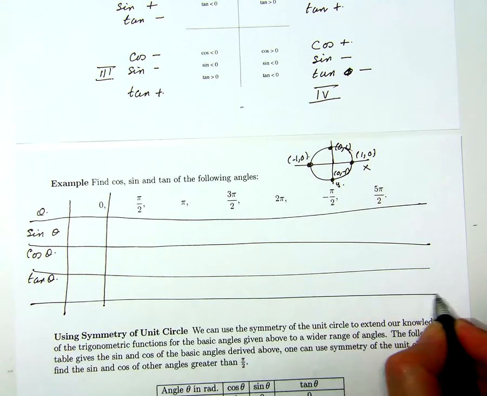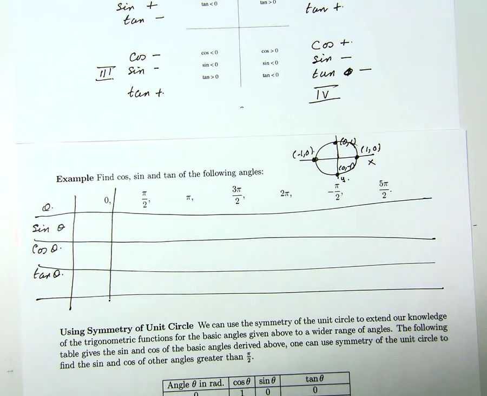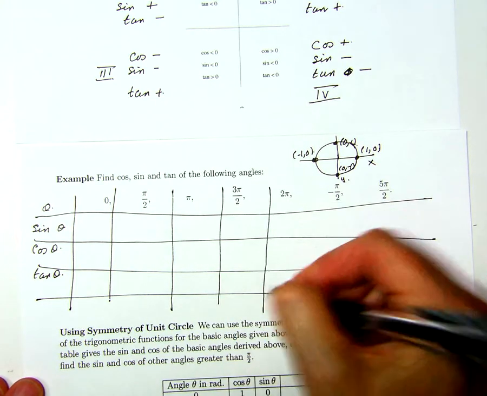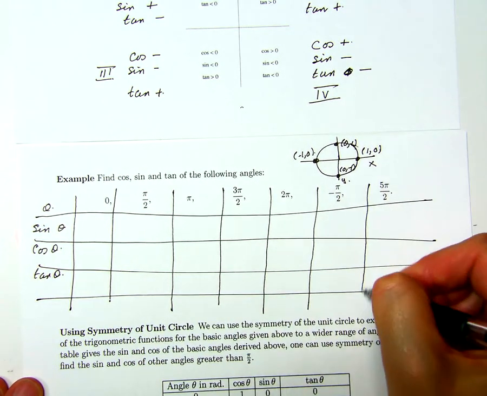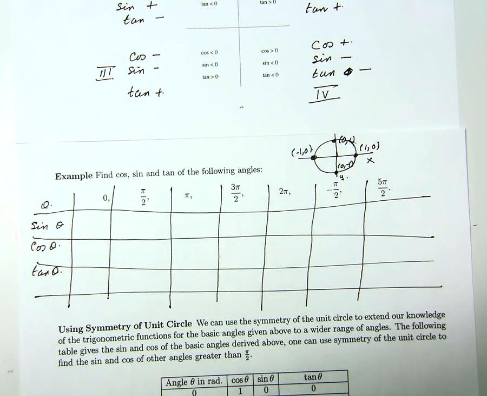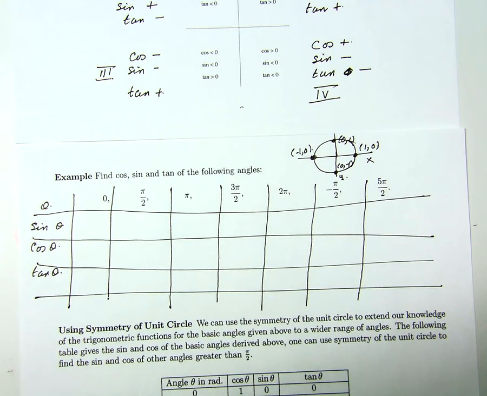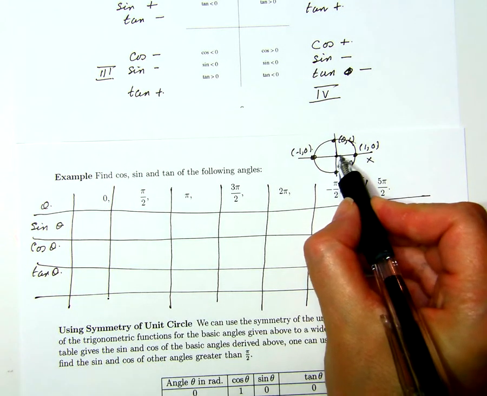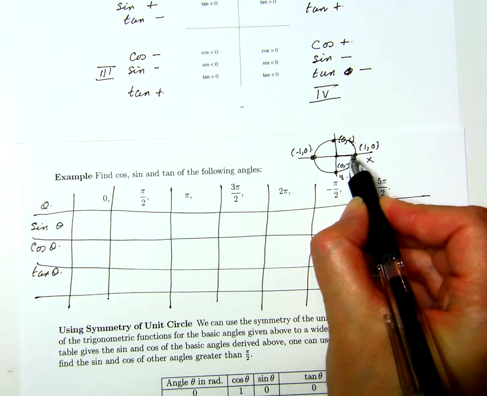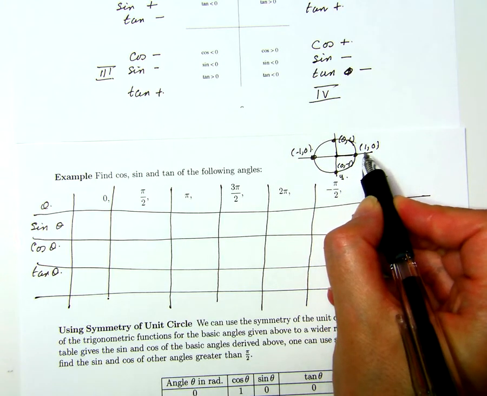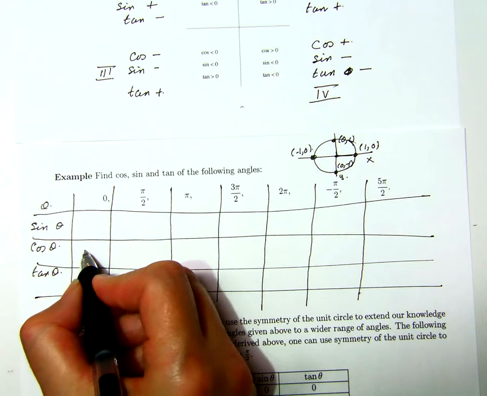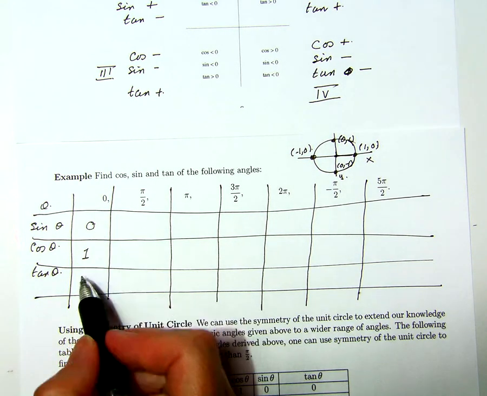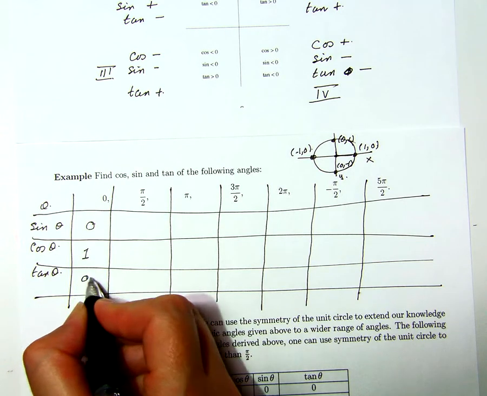And note that by definition, sine, cosine, and tangent depend entirely on the position of the terminal ray of the angles. So coterminal angles have exactly the same sine, cosine, and tangent. What about the zero angle? Well, its terminal ray is along the positive x-axis, so that meets the unit circle at the point (1, 0). So cosine is 1, sine is 0, and tangent is sine over cosine, which is 0 over 1, which is 0.